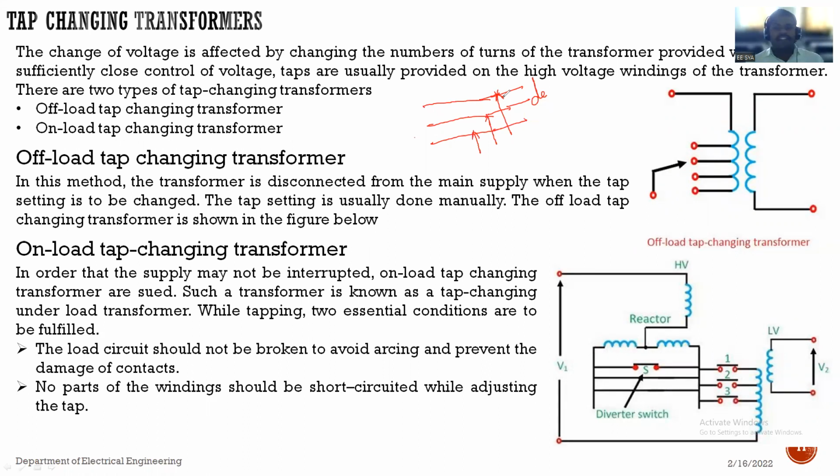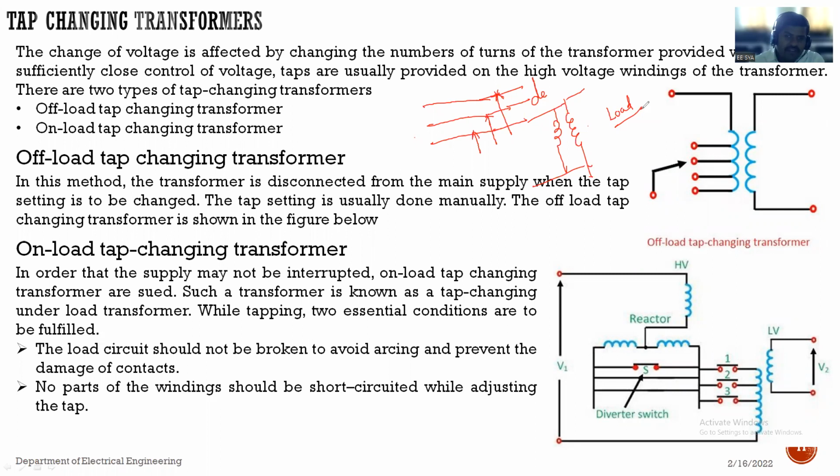Now if I want to change this voltage, how can the voltage be changed? Suppose my transformer is there. Any transformer, suppose we consider here it is a single phase transformer. I want to change the voltage at the output side, or it may be the load side. What do we want to do? By varying current.